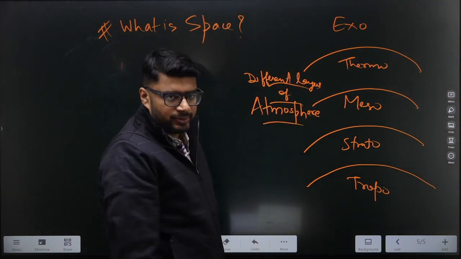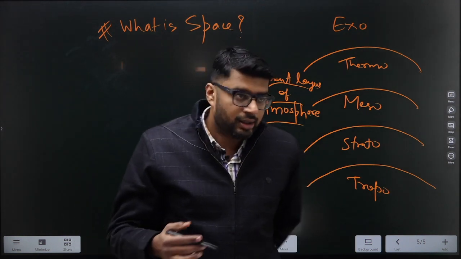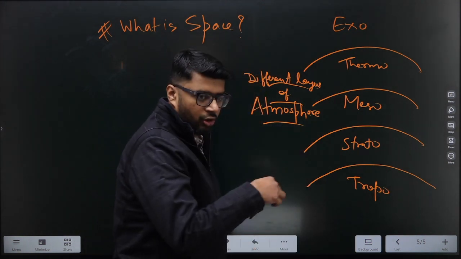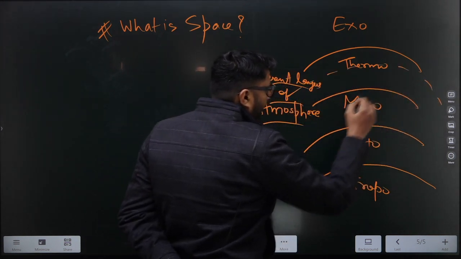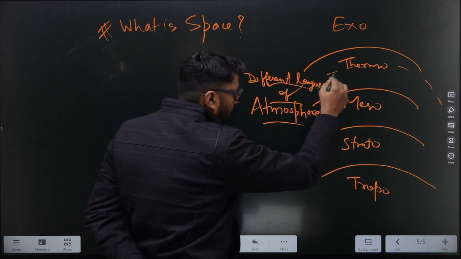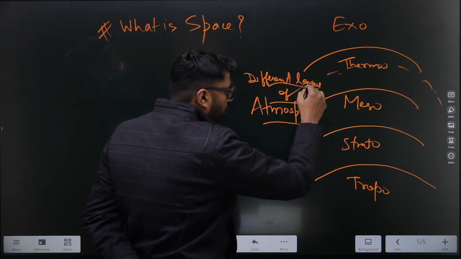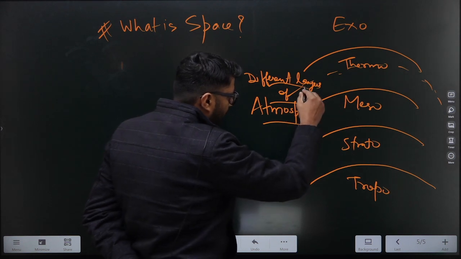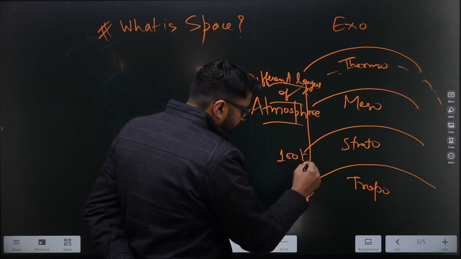To define space, various scientists and researchers drew an imaginary line in the thermosphere, at 100 kilometers from sea level.